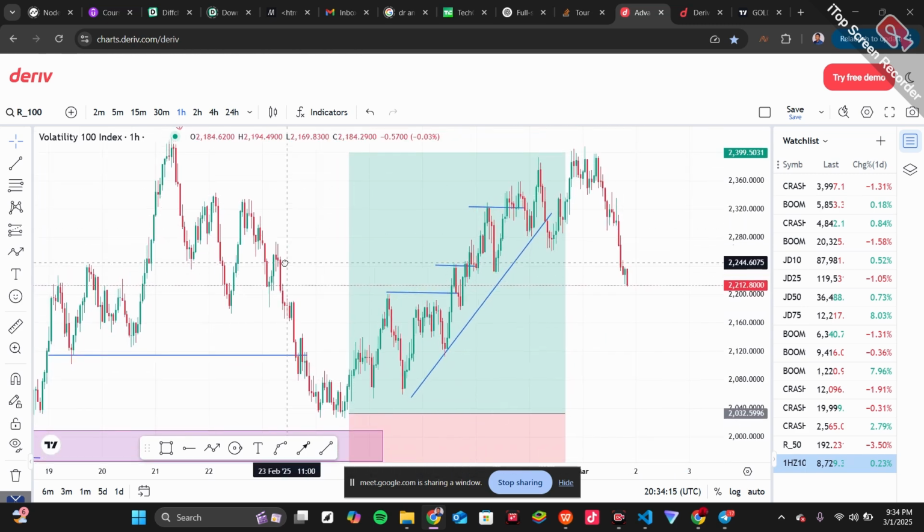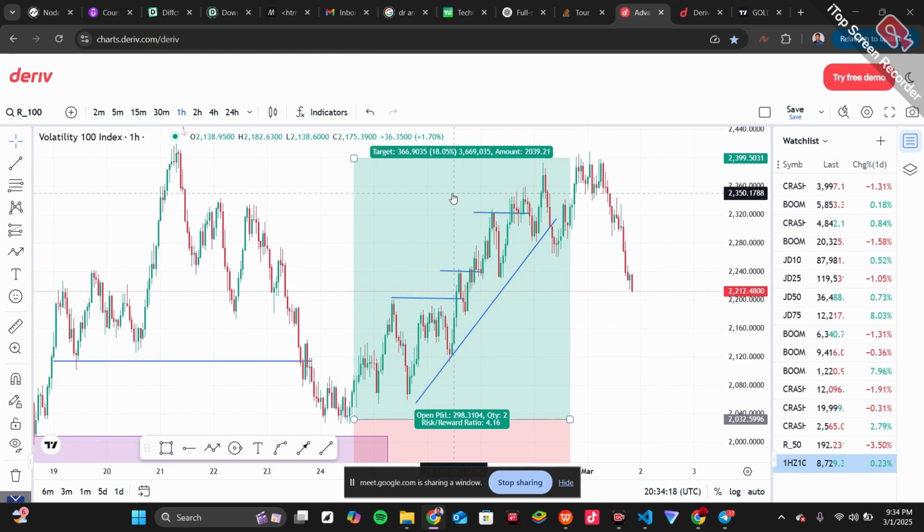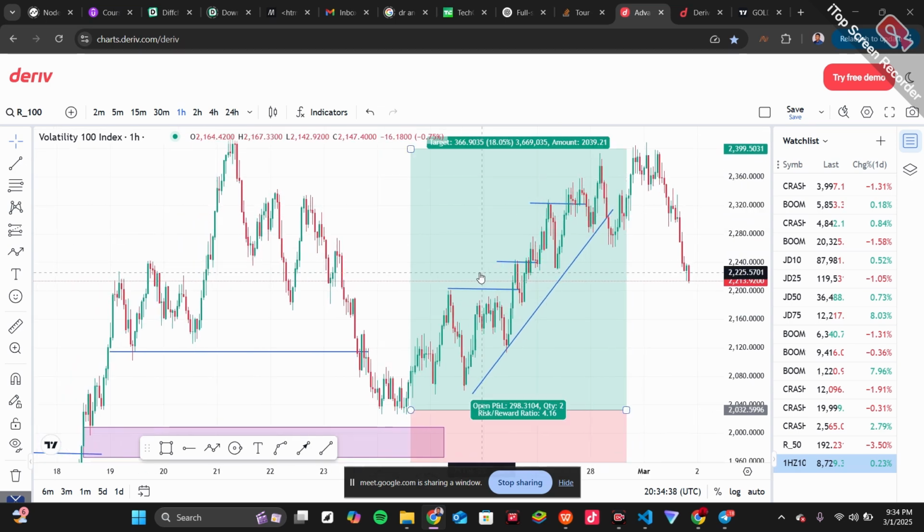So we have how many? 4 to 16. A 4 to 16 risk reward ratio. That's a good win. It's good risk management, and a good lot size is a massive win for you. Okay. It's so simple.